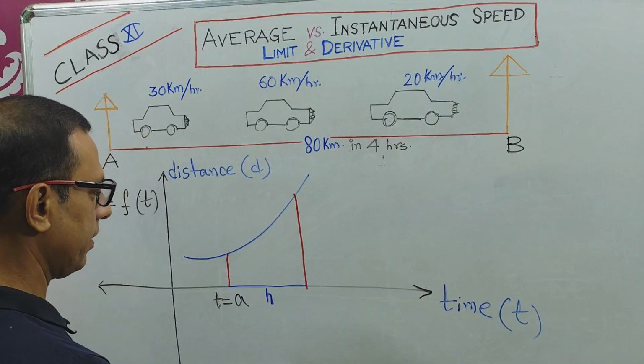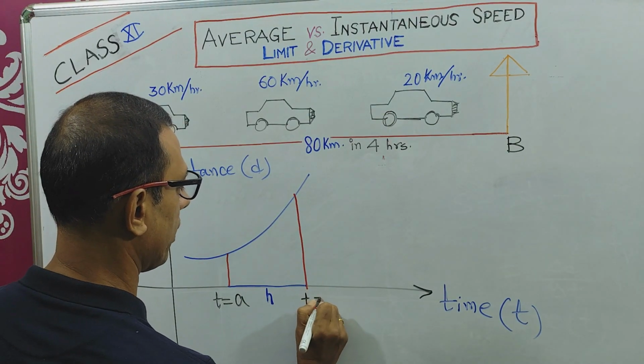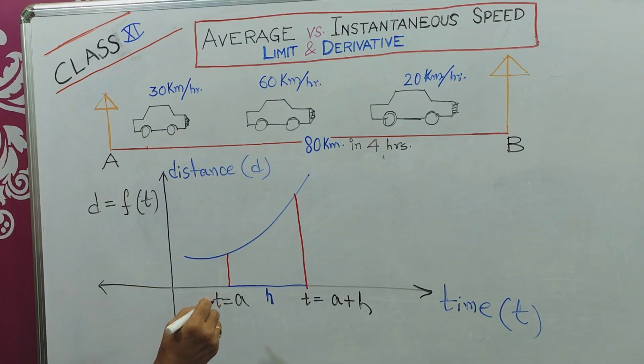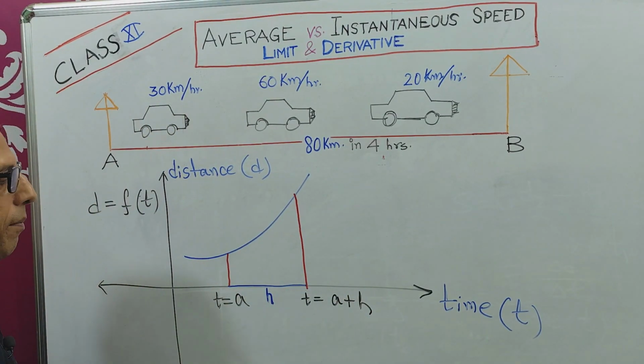That means this point is t equals a plus h. So this is t equals a, this is t equals a plus h.